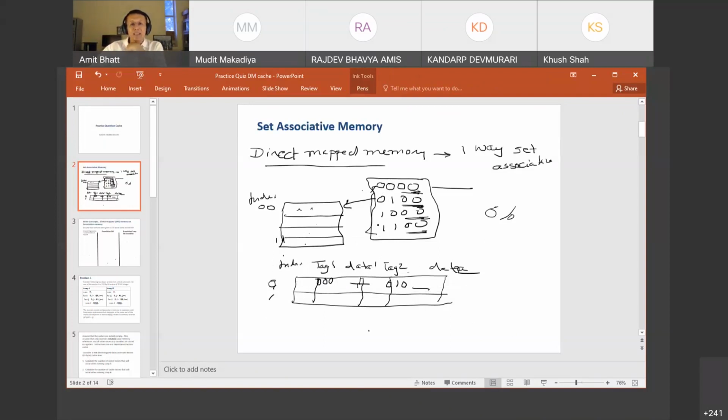So my problem would have been better solved if I say that I have got a cache size of 8 words.